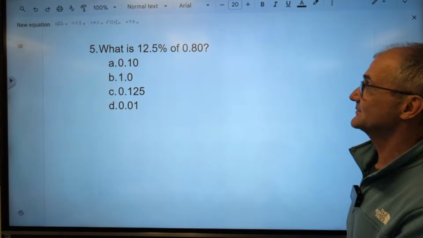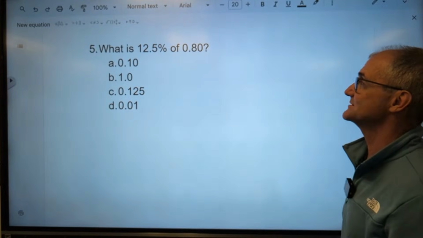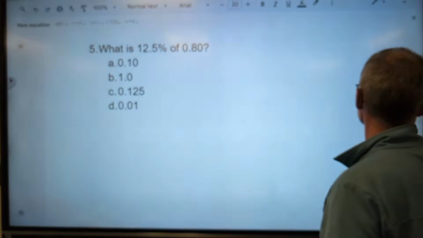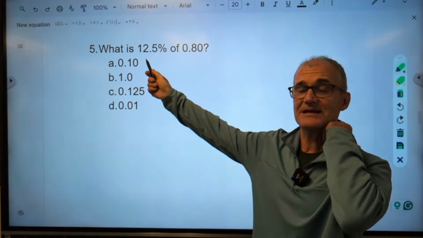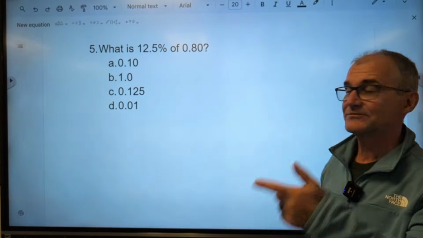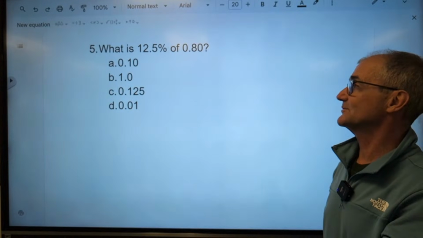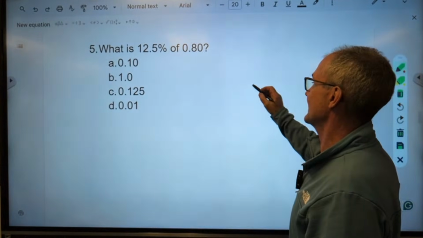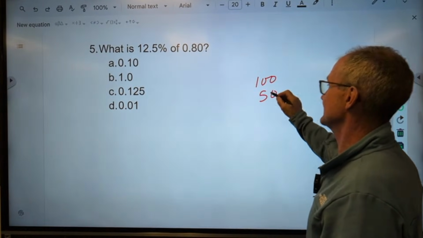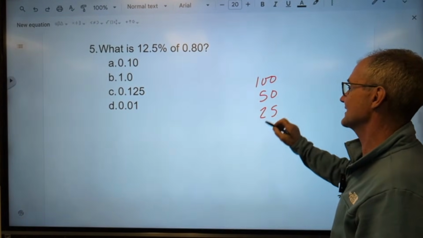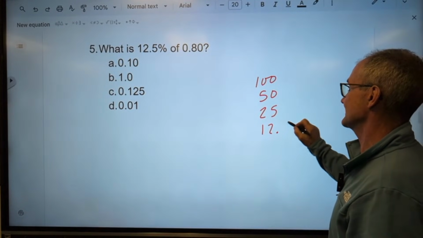Okay, so let's see here. What is 12.5% of 80? There's a couple ways to do this one. One is 12.5% might be one of the fractions or decimals you recognize. If I have a whole, half of that is 50, half of that is 25, half of that is 12.5.